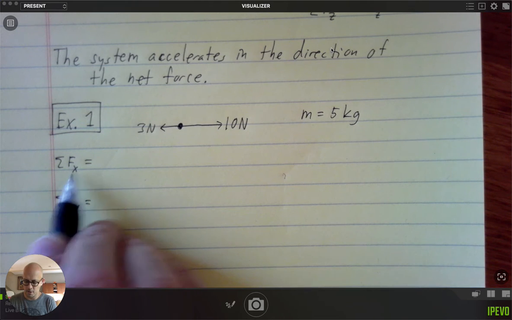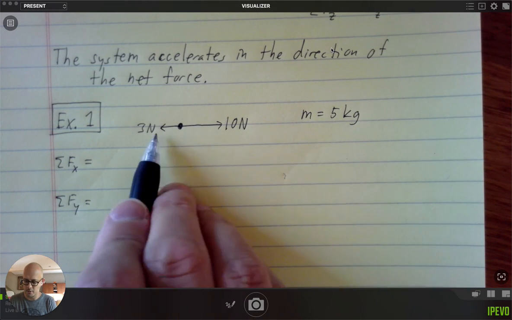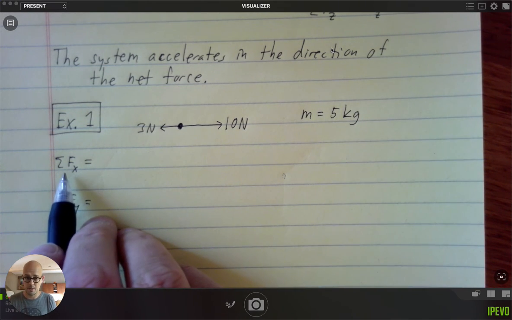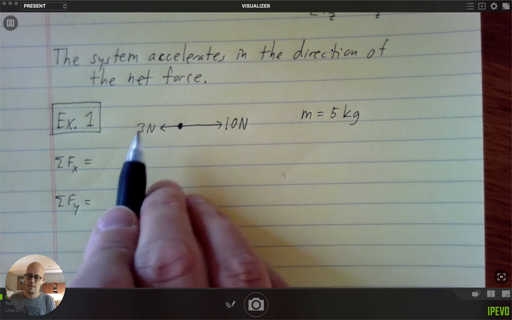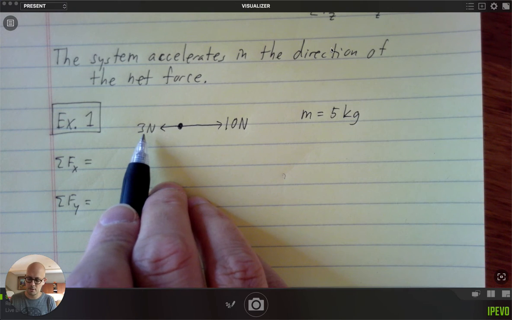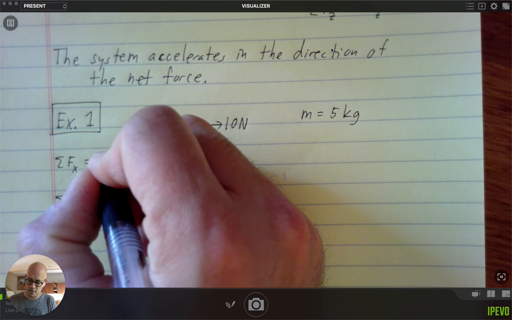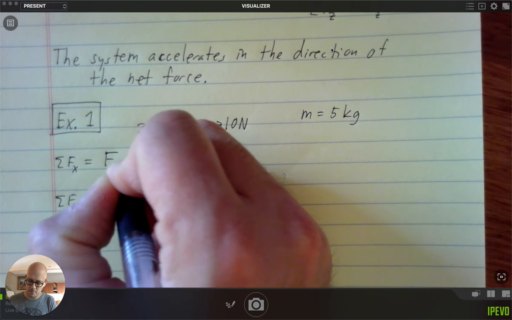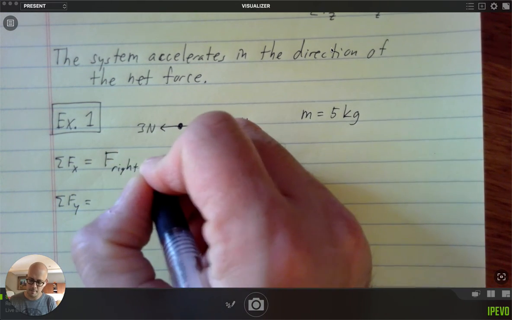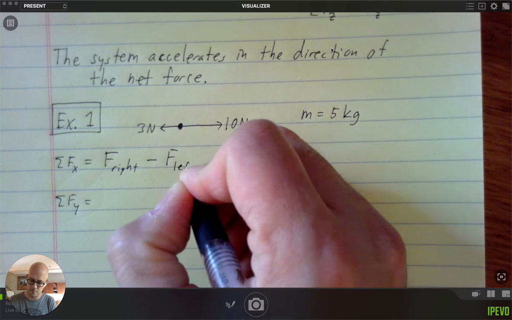For net force in the horizontal direction, the two options are left and right. And so to find the net force, because the right direction is usually our positive direction, the left force is usually our negative direction, it's the right pointing forces minus the left pointing forces.